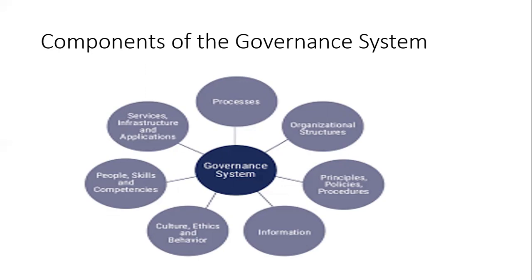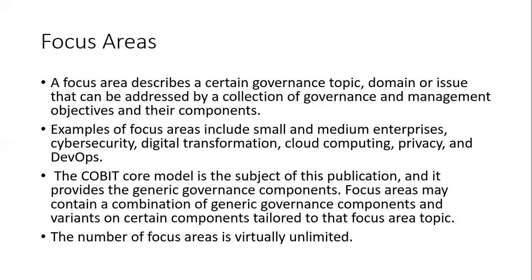Okay, rounding up now on focus area. So focus area describes a certain governance topic, domain, or issue that can be addressed by a collection of governance and management objectives and their components. So now I can call it areas of specialization.